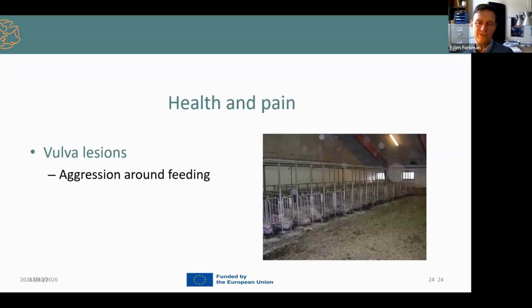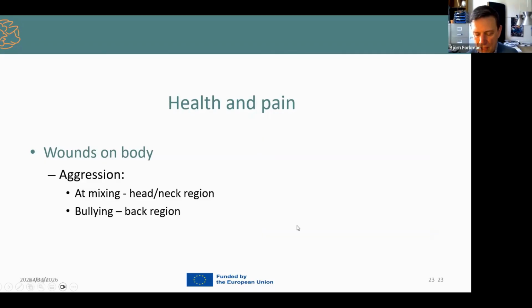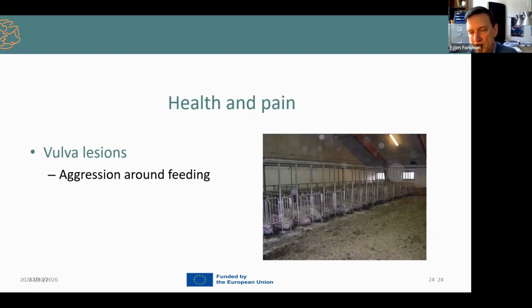One way of preventing this bullying and preventing vulvar lesions that are also caused by aggression around feeding is using this type of feeding system where you have one feeder per sow. So what happens is that you open these, it's hard to see here, but you can open these.